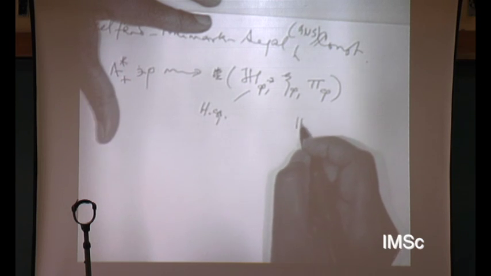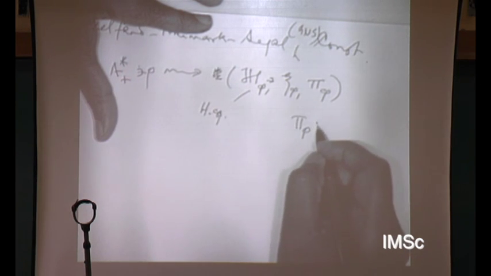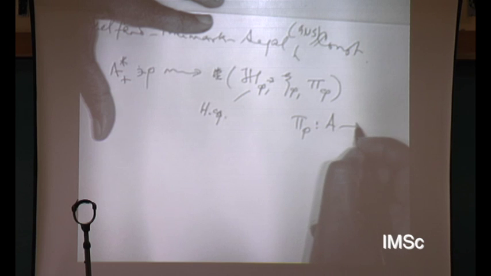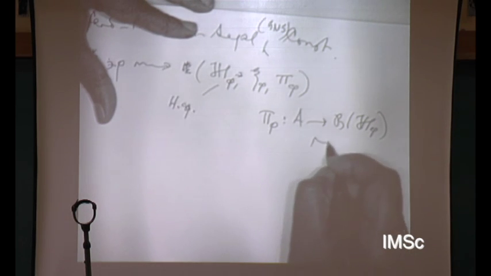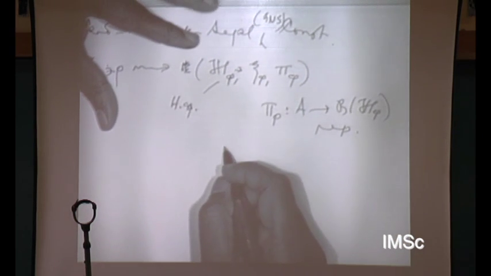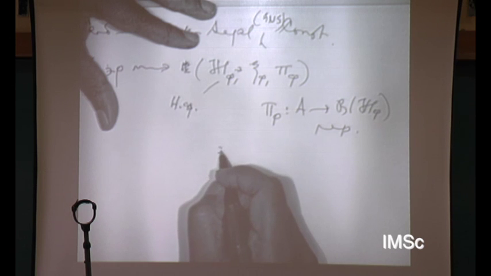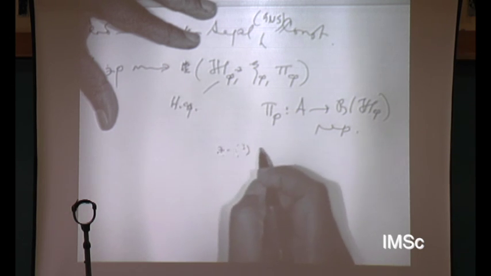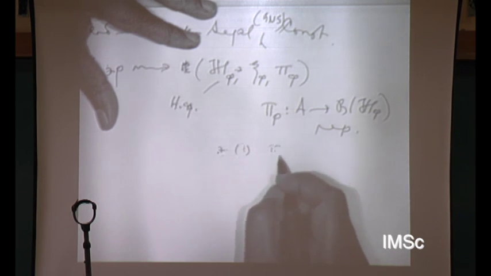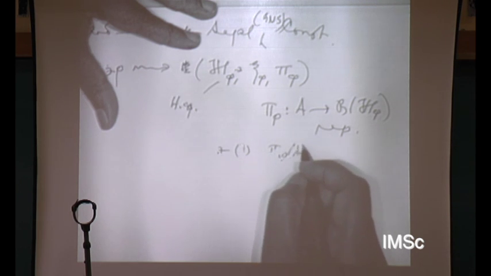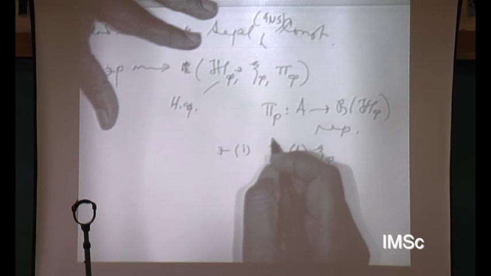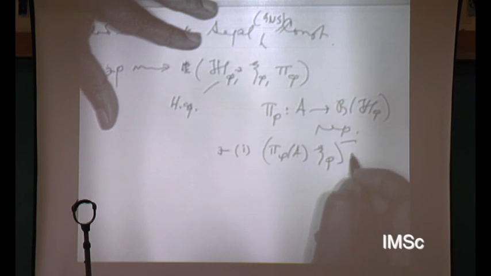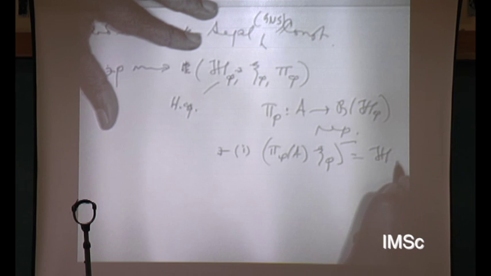And pi phi is a representation from A to B of H phi, and they're all related by the relation that the closure of pi phi(A) psi phi is H phi.